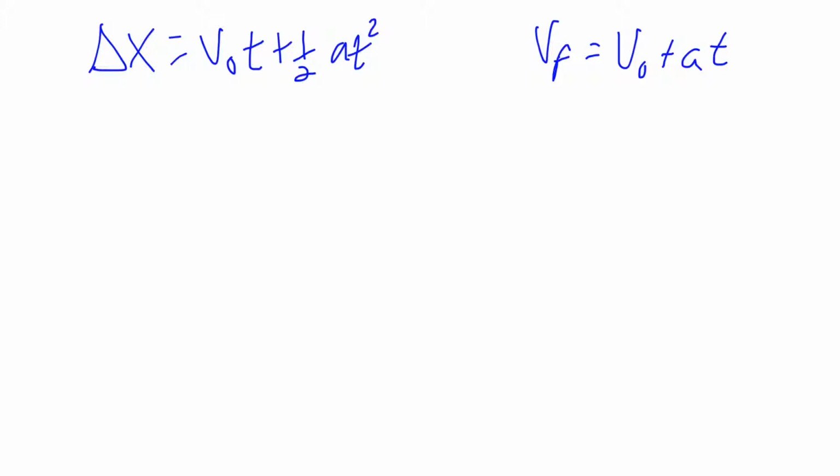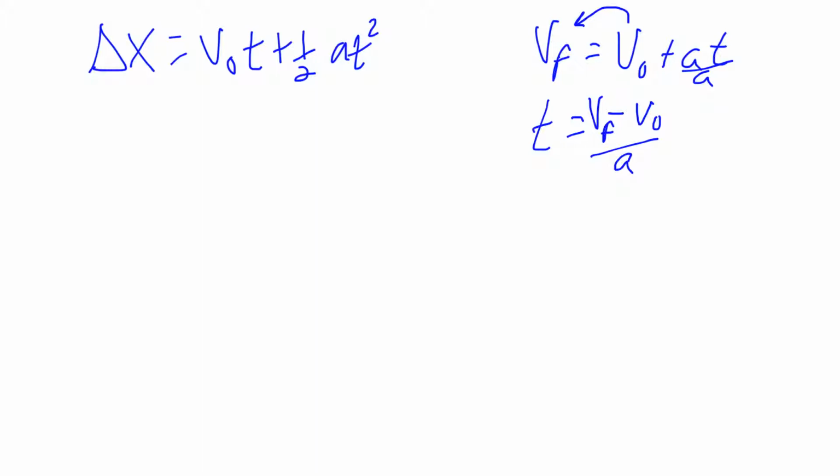To get our last kinematic equation, we have to use the previous two that we found. Let's solve this equation for time. You would subtract the initial velocity to the other side, so you would have negative v naught, and that would be v final minus v initial, and you would divide this side by a over here. So time equals v final minus v initial divided by acceleration.